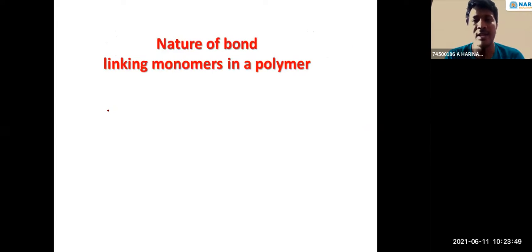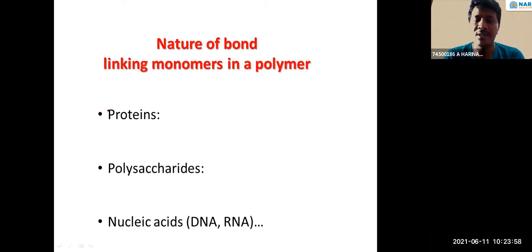Next, we already discussed a few points about the nature of bond linking: monomers and polymers, right? Different types of polymers: proteins, polysaccharides, nucleic acids. They are present in the acid insoluble fraction. The molecular weight is more than 10,000, right? Proteins are polymers of amino acids.